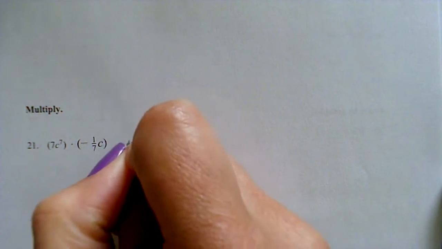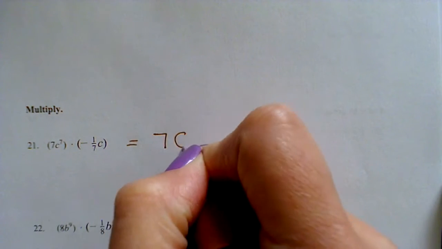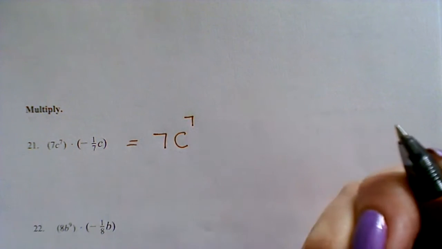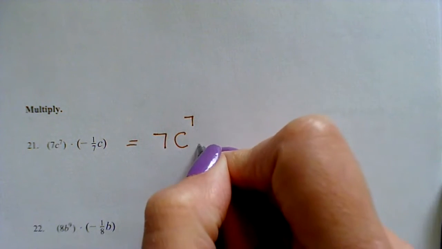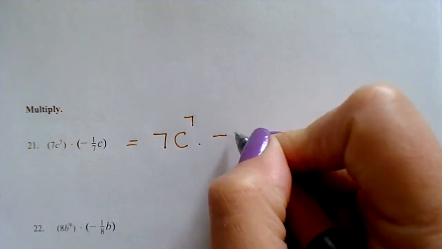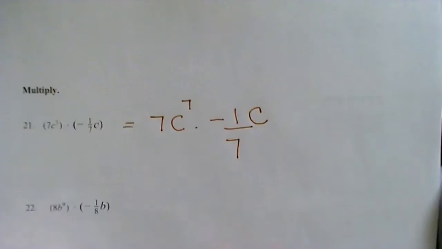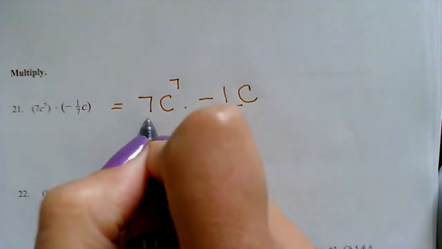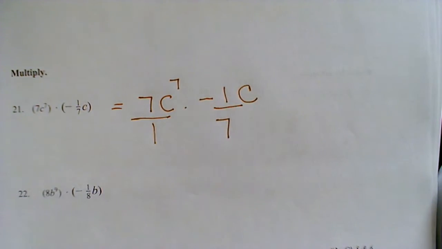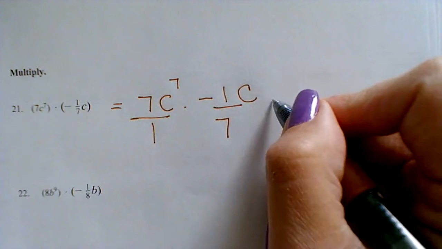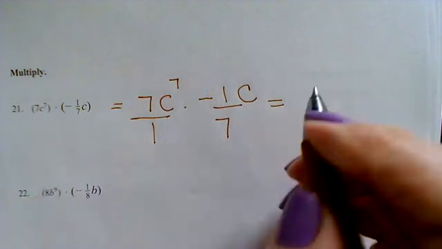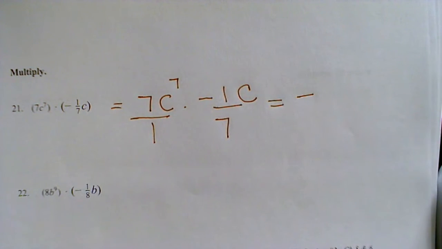Now we're going to multiply. So this is what we have right now. We have 7c to the 7th power, right? And it's been multiplied by negative c. That's what we have. So our answer we know is going to be negative because this is positive and this is negative. So it's going to be negative.